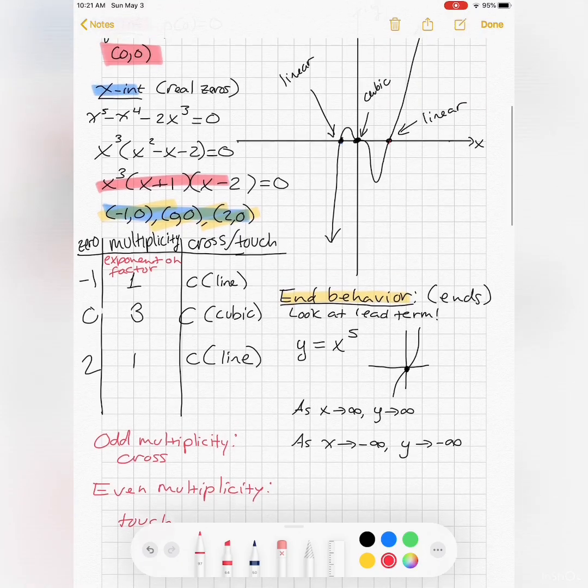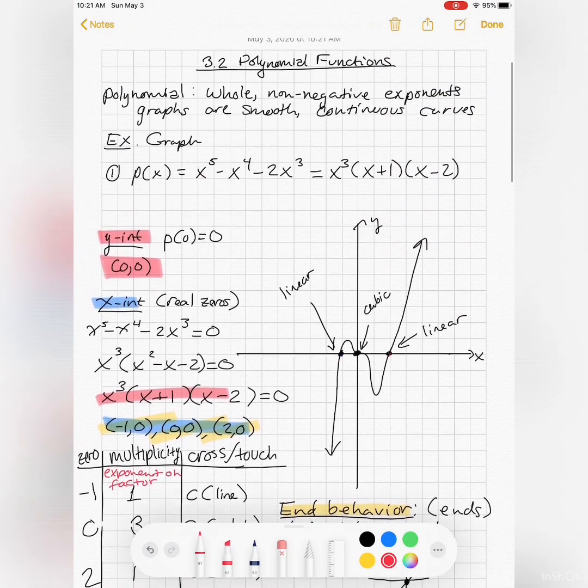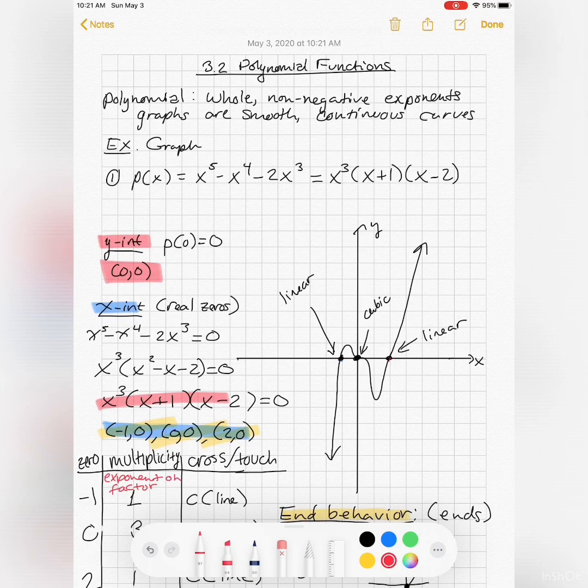Okay, so what else is there we could do with this? I could tell you one other thing. So let's see, here's a little rule I can say. The maximum number of turning points a polynomial can have is its degree minus 1.